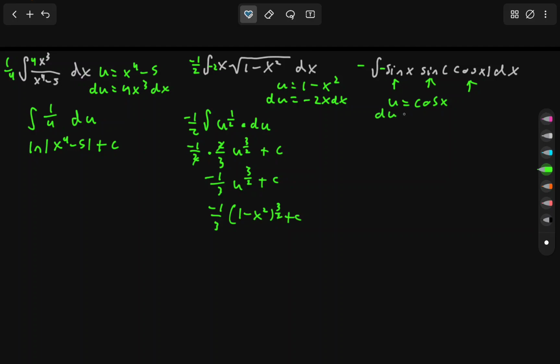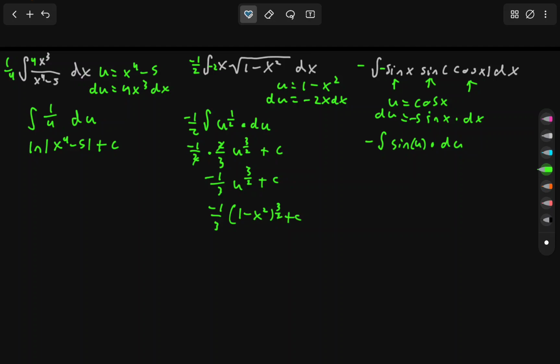So our du needs to be negative sine of x times the differential dx. So now we can sub in our differential here and our u. So we get the negative, the integral of sine of u times the differential du.